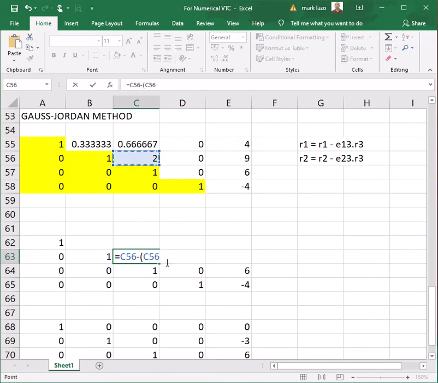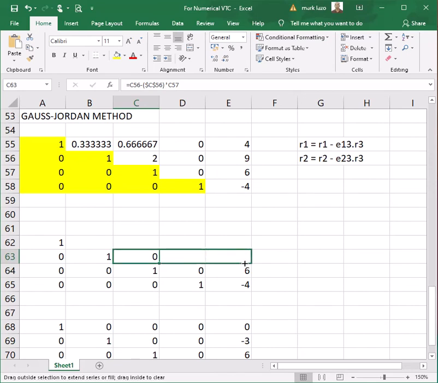Again, I will put a $ sign here, a $ sign here, because that will be a fixed value, multiplied by the element in row 3. So that will be 1.